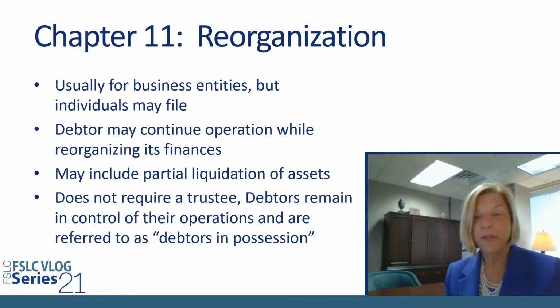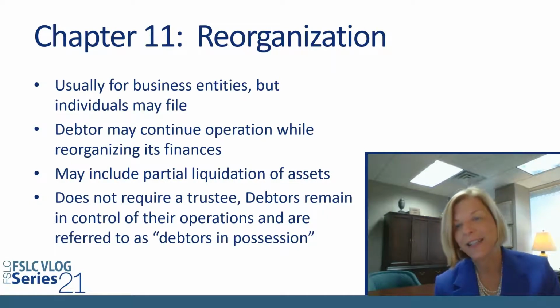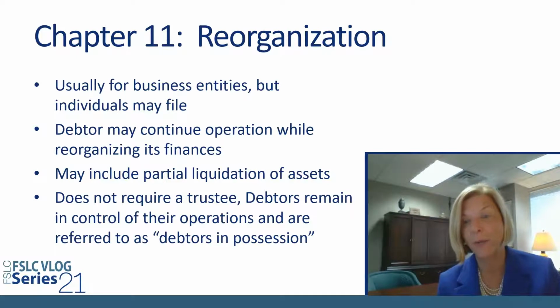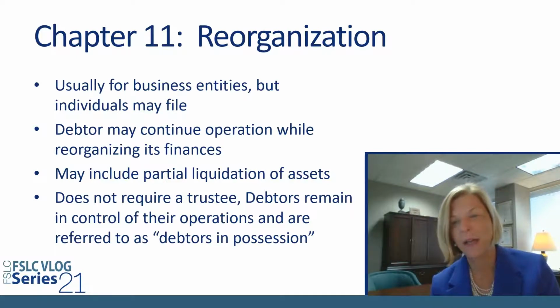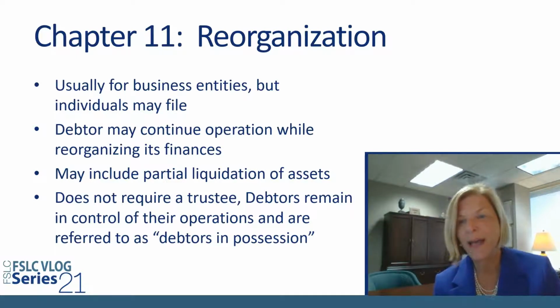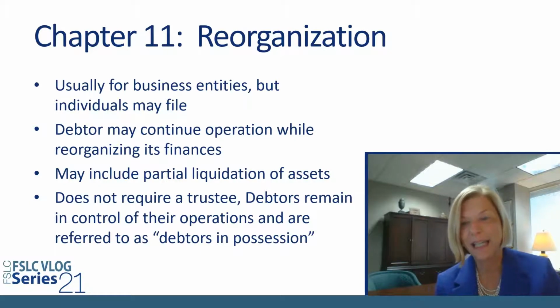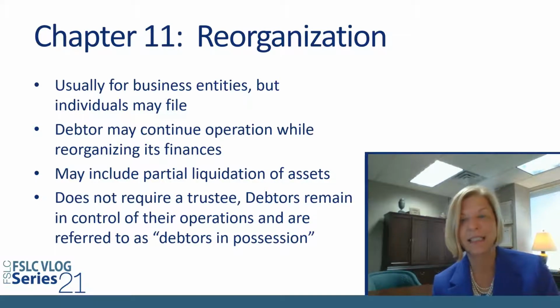In the Chapter 11 reorganization, the debtor continues to operate its business. There's no trustee appointed generally. For cause, one can be appointed, but generally in a Chapter 11, the debtor is going to continue to operate its business. We call the debtor in bankruptcy a debtor in possession for that reason, because the debtor is in possession of its assets and continues to operate its businesses.